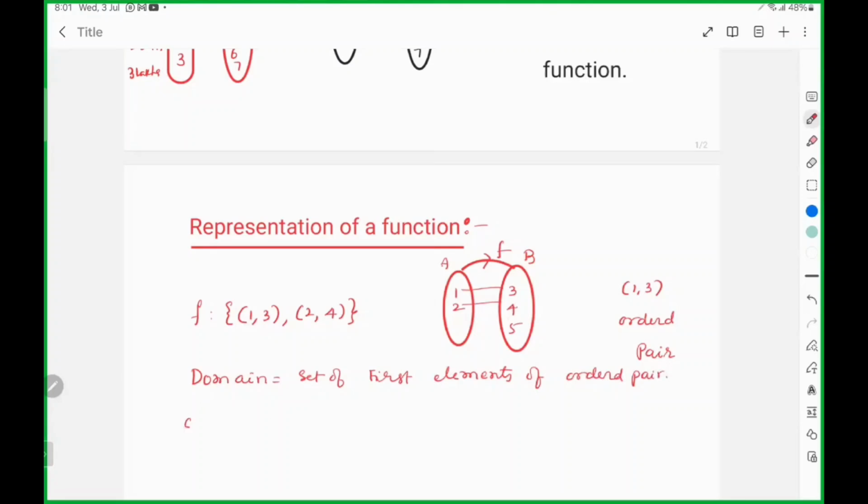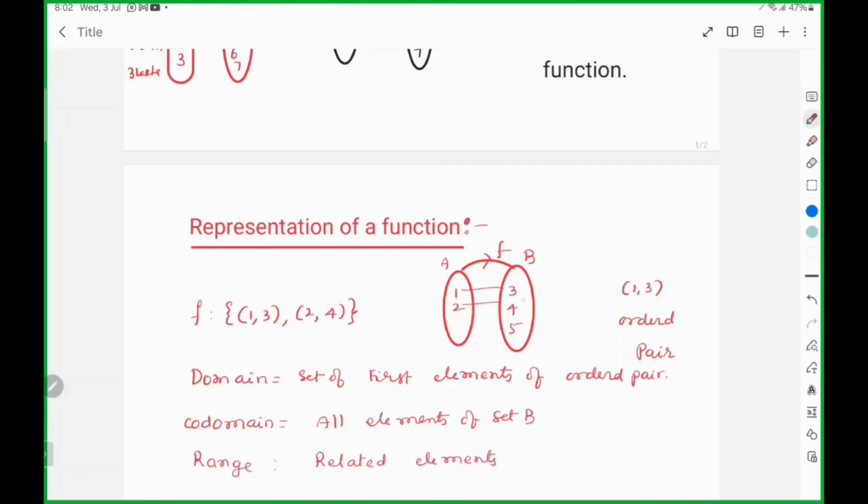Here, codomain means all elements of set B. Here you have another definition called range, the related elements.